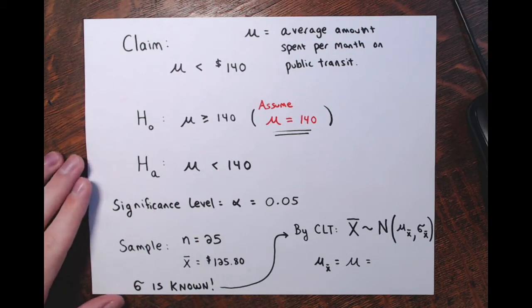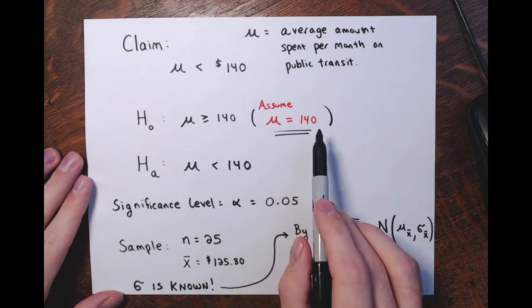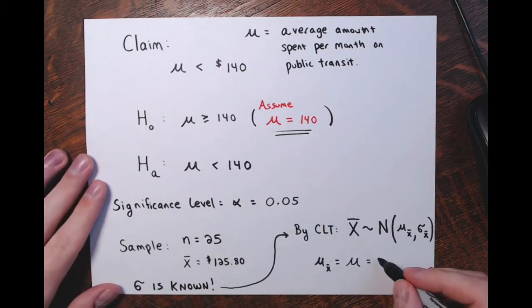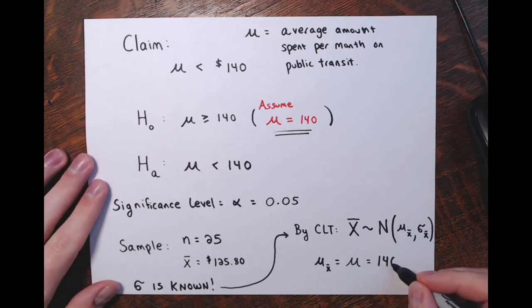Do we accept this assumption or reject it? So we're going to assume here that the population mean is 140, and this will be the mean of the distribution of the X bars for samples of size 25.